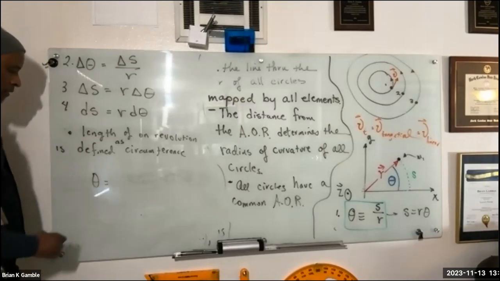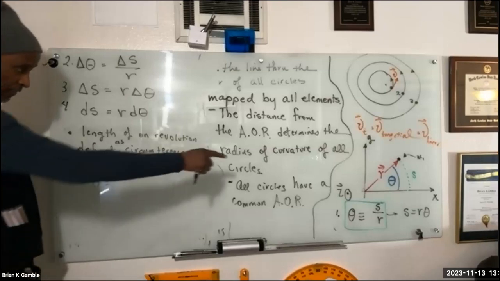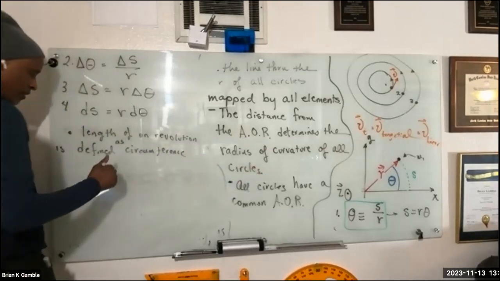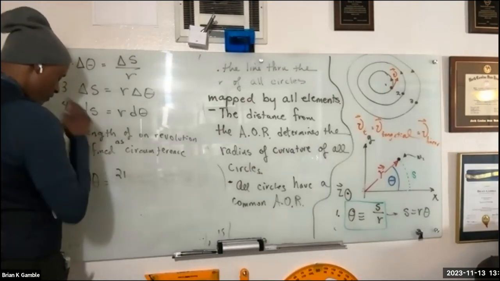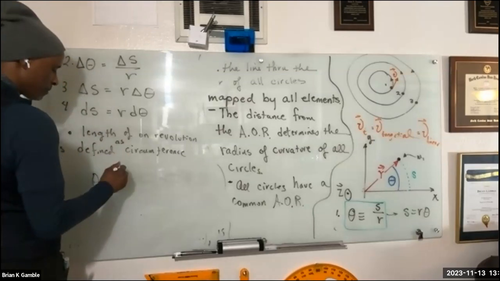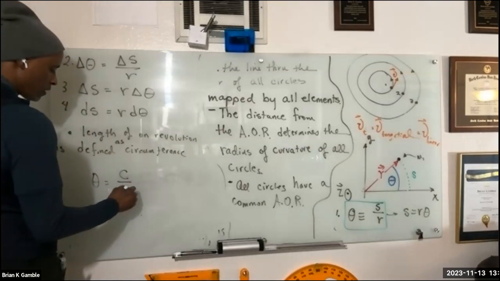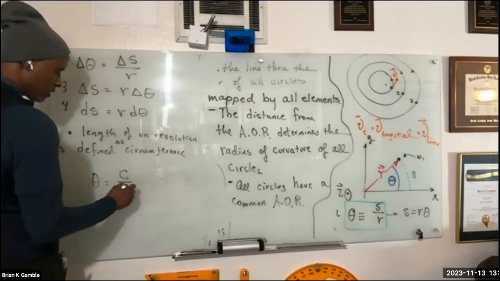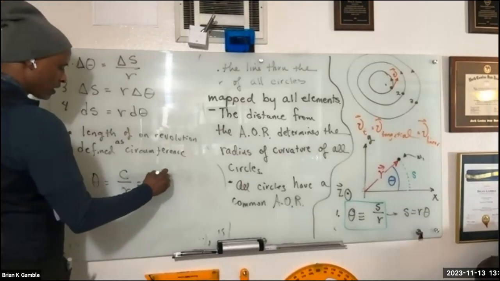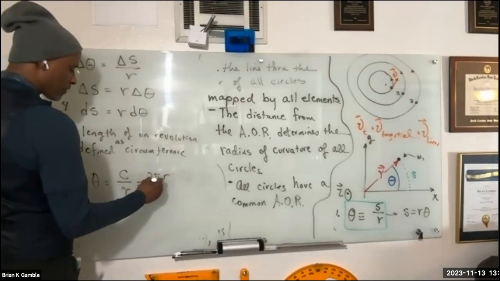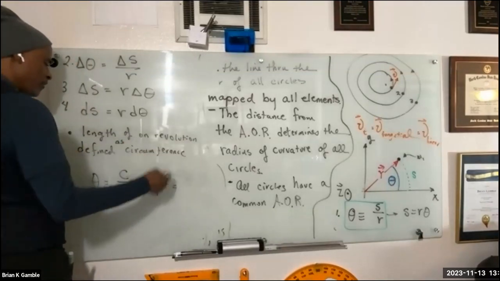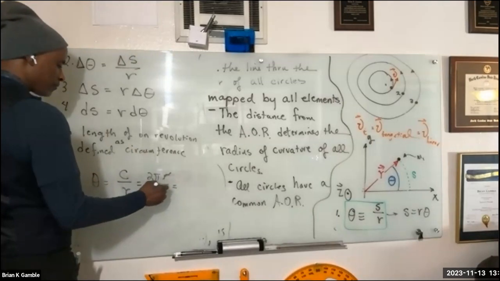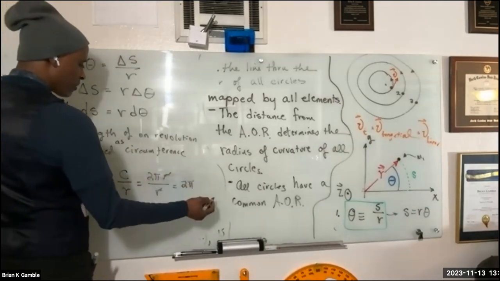If I use that formula, then in one revolution the length is the circumference, so the circumference C over R is equal to 2 pi times the radius, which is the definition of circumference, over R. So that establishes that in one revolution, since the R's cancel, the angular displacement is 2 pi.